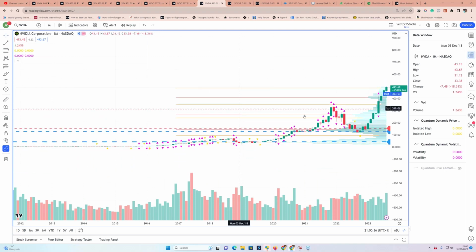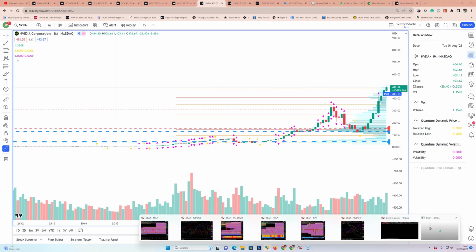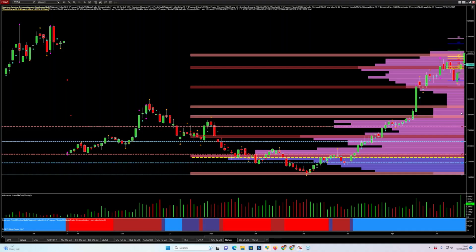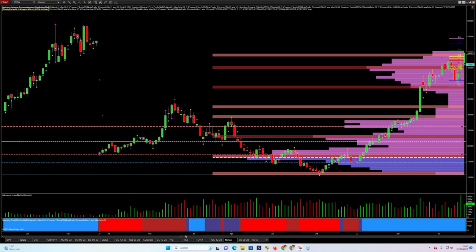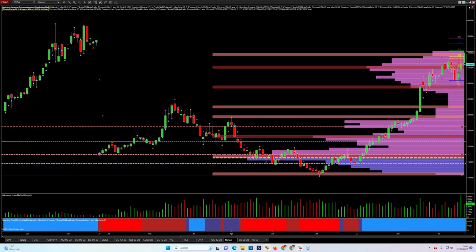And for that, we really need to have a look at the chart using NinjaTrader, because for some reason it doesn't appear on my TradingView. And Nvidia had a stock split back in 2021 when the price was actually $600. So it is conceivable that that is what it's aiming for.